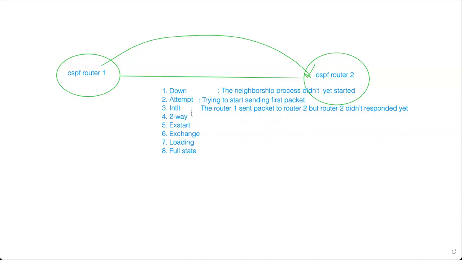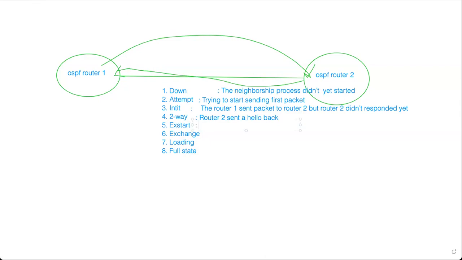In two-way state, router 2 sent a hello back. The name itself says it is a two-way. So in the two-way state, this guy responded back.